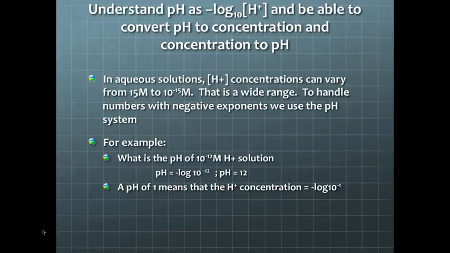For example, what is the pH of a 10 to the minus 12 molar hydrogen ion solution? It is the negative log of 10 to the minus 12, or a pH of 12. A pH of 1 means that the hydrogen ion concentration is 10 to the minus 1.